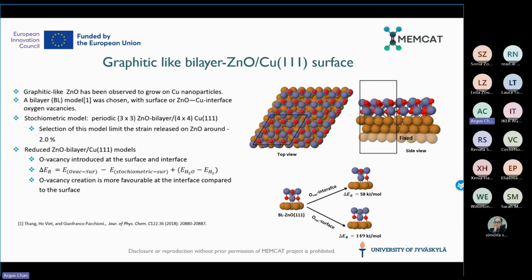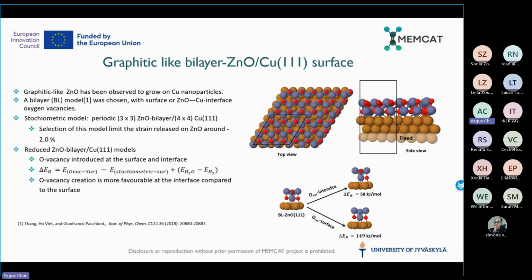Graphitic-like bilayer model. This has been presented in the literature. We are not the first one. What we see is this kind of ideal bilayer structure where the zinc oxide is fully covering the copper surface. We can, of course, introduce vacancies.